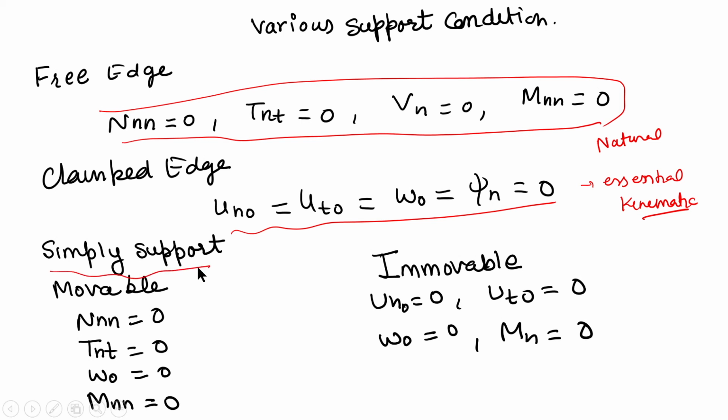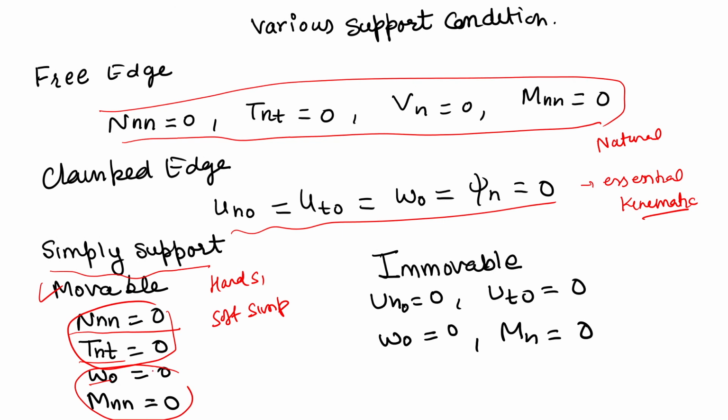Simply supported boundary condition is a mixed type boundary condition, and in this we find a number of types: movable simply supported, immovable simply supported. Sometimes there is another classification, the hard simply supported and soft simply supported concept. If we talk about the movable concept, the normal resultant Nn, Tnt is going to be 0, and deflection and moment are fixed: the transverse deflection is going to be 0 and the normal moment couple is going to be 0.